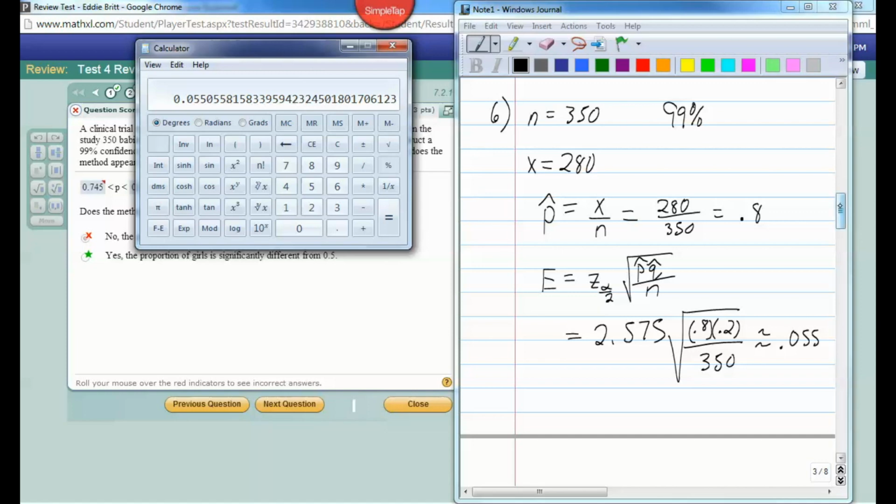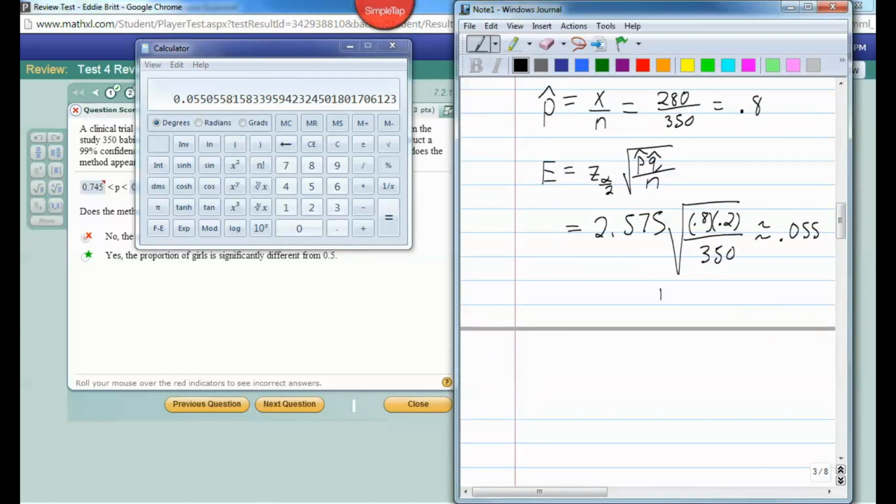Alright, so to construct the confidence interval, I have p hat minus e is less than p is less than p hat plus e. So p hat is 0.8. So 0.8 minus 0.055 is less than p is less than 0.8 plus 0.055.